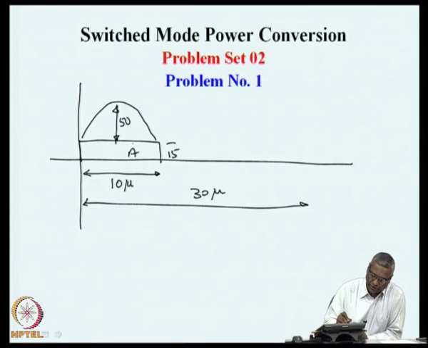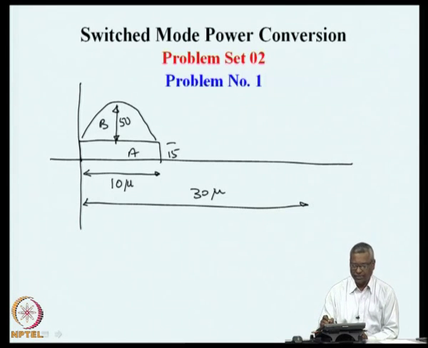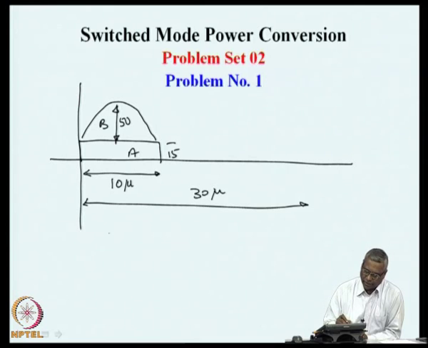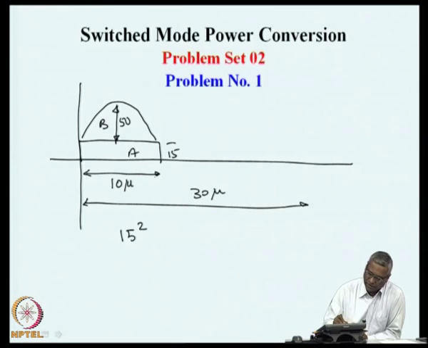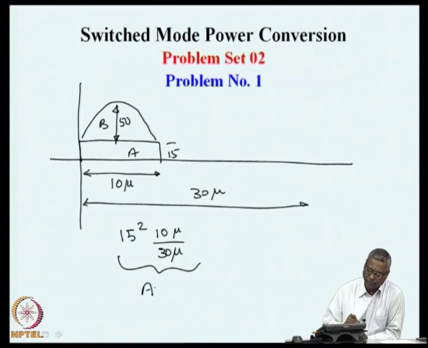So, we are now interested in A plus B whole square. So, that can be found out. A square is very simple, which is 15 square, and that exists for a time of 10 micro and total time is 30 micro.